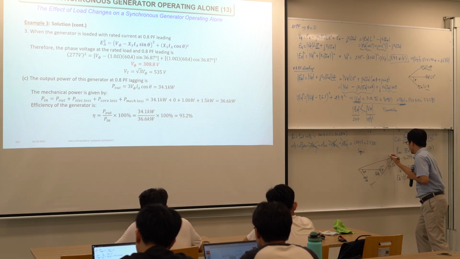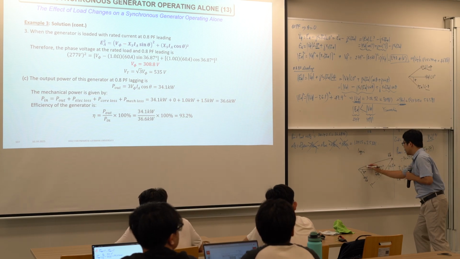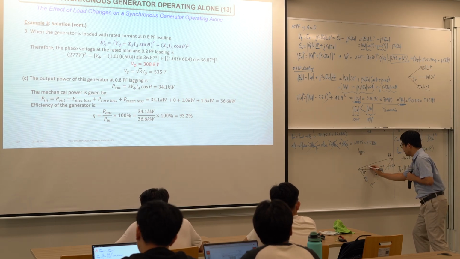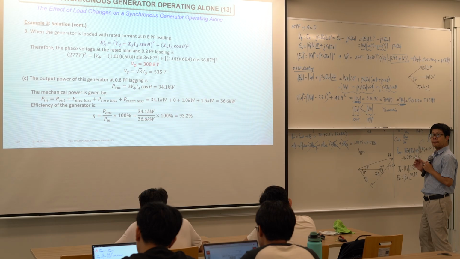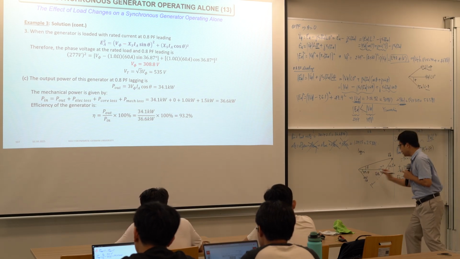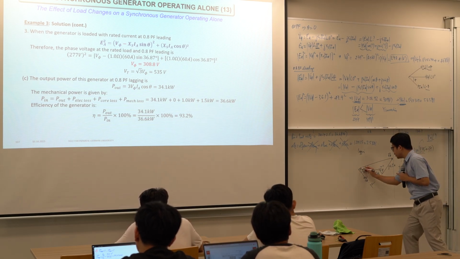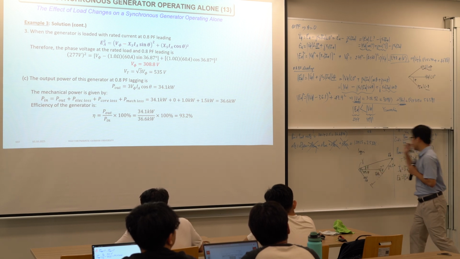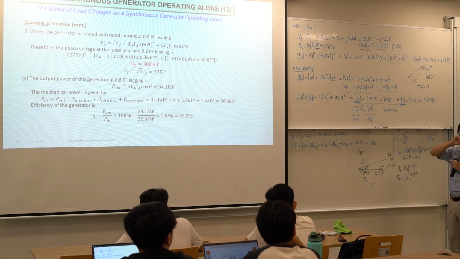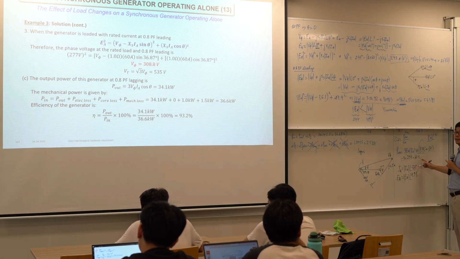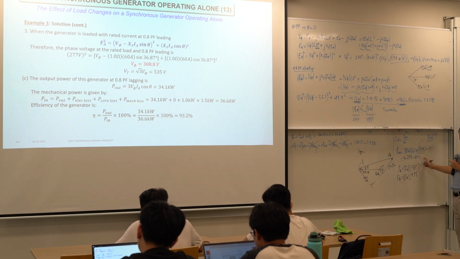Then this one is EA. This is delta, this is theta, so this one is gamma. Okay, so how many please? One.